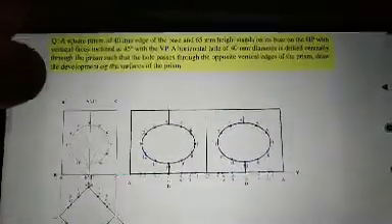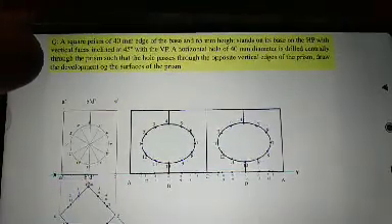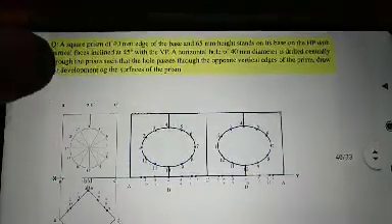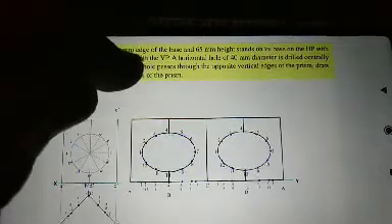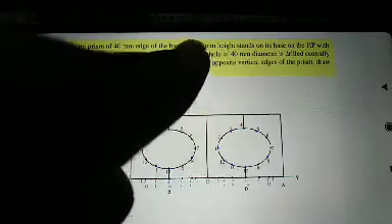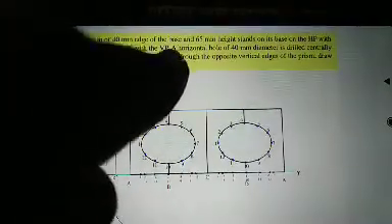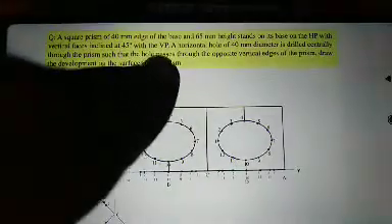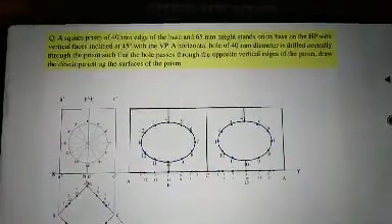A square prism of 40 mm edge of base and 65 mm height stands on its base on HP with the vertical faces inclined at 45 degree with the VP. A horizontal hole of 40 mm diameter is drilled centrally through the prism such that the hole passes through the opposite edges of the prism. Draw the development of the surface of the prism.